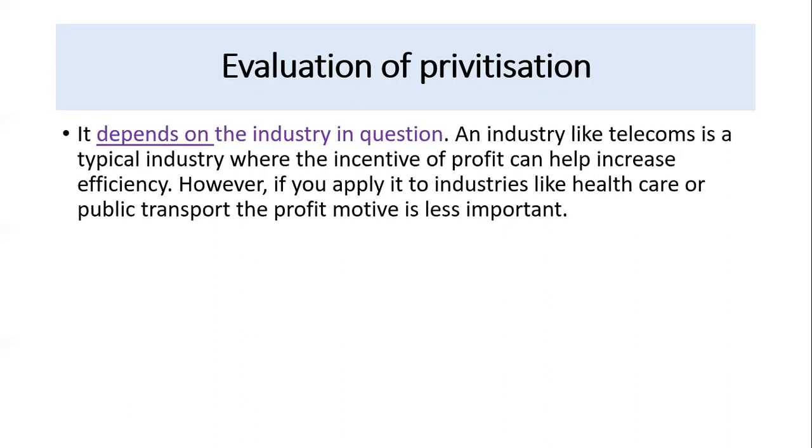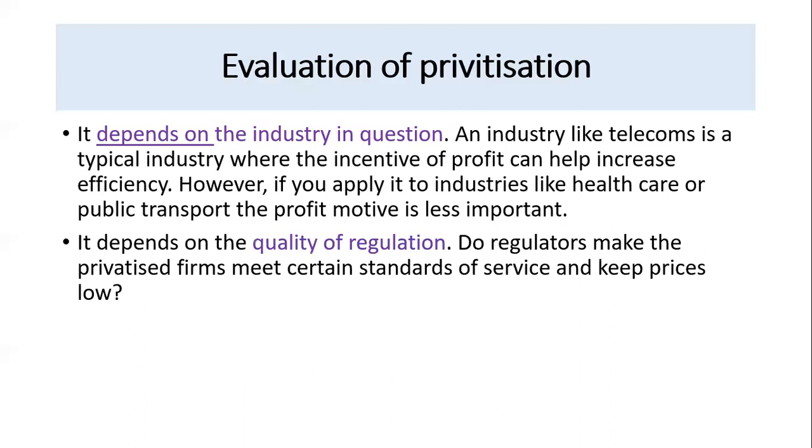If the prices to travel to and from school were very high, then that might stop some of you from being able to come to school because maybe you wouldn't be able to afford it. And so therefore, the private sector can exploit or abuse customers in that way. If it is still owned by the government, it will always have the objective of maximizing the benefits and welfare of society. It depends upon the quality of regulation.